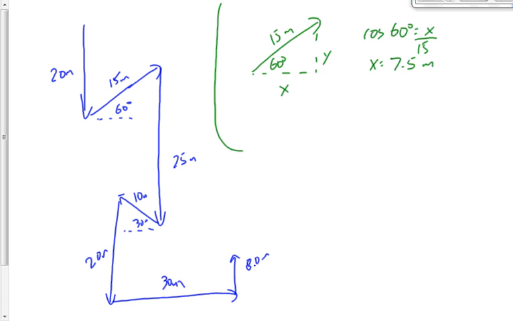That's going to be 7.5. Sine 60 degrees is equal to opposite over hypotenuse. That's going to be equal to, give me a second, 12.99.